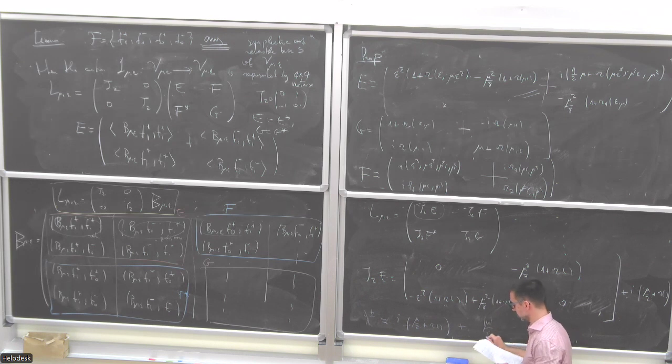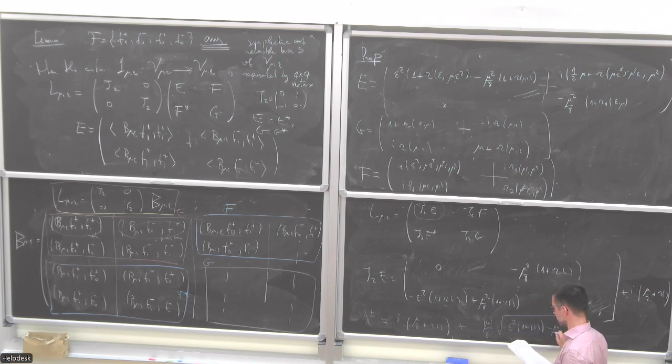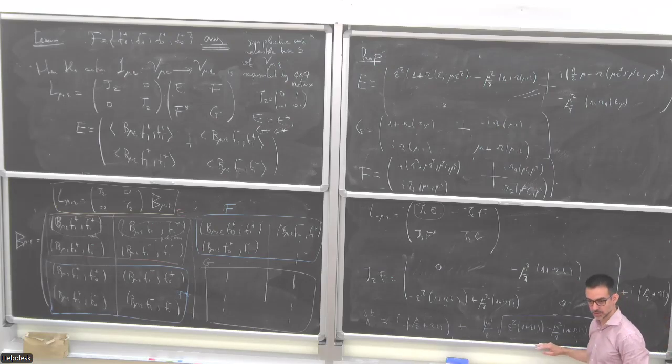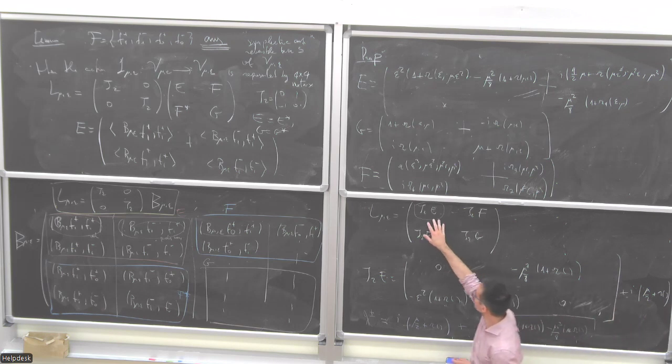This is modulus of mu over 8 square root of epsilon square 1 plus the remainder minus mu square over 8, 1 plus the remainder. So you see these are the eigenvalues. So this matrix has two unstable eigenvalues if mu is smaller than epsilon squared. And so this matrix exhibits the Benjamin-Feir instability.